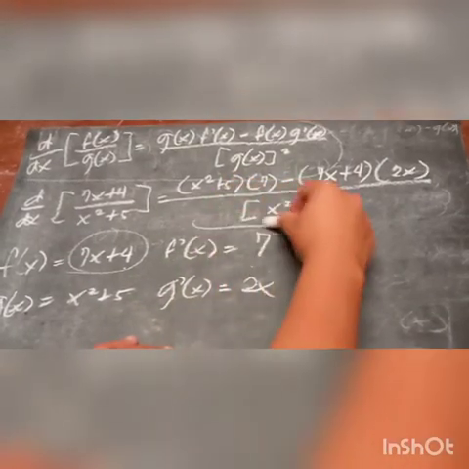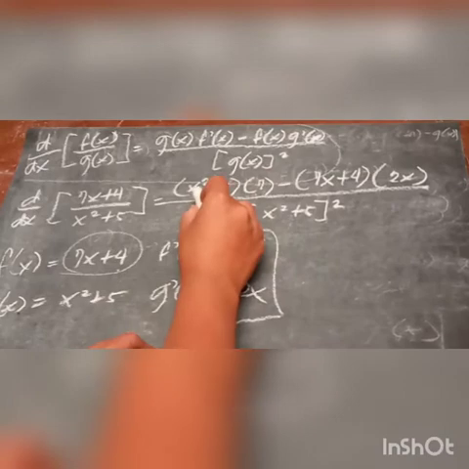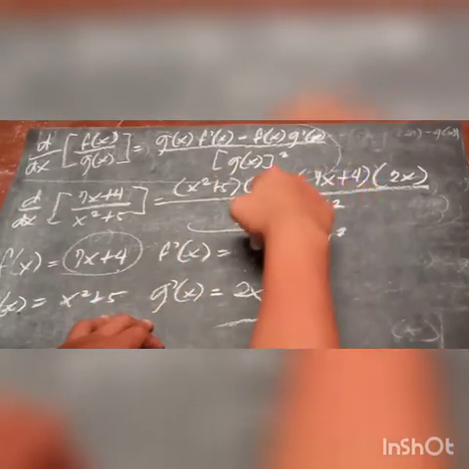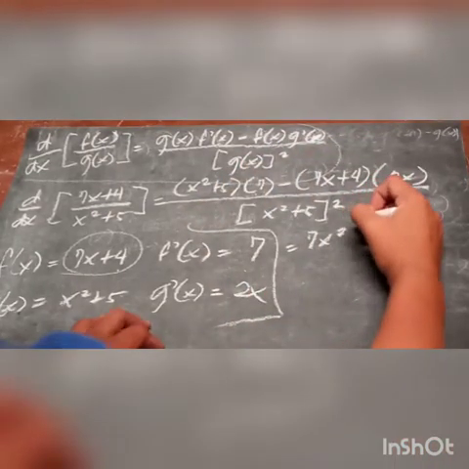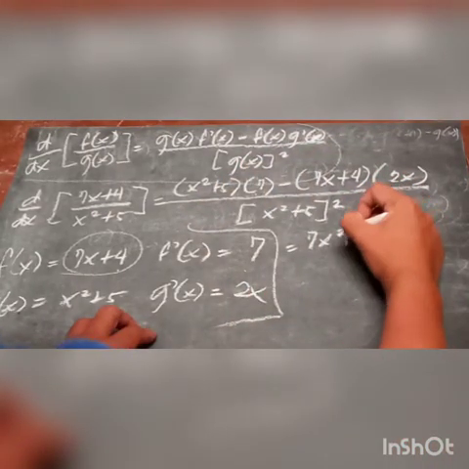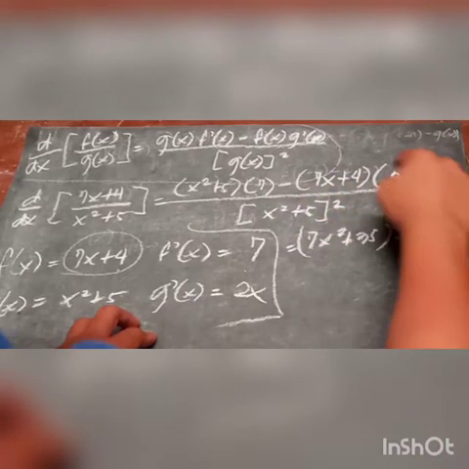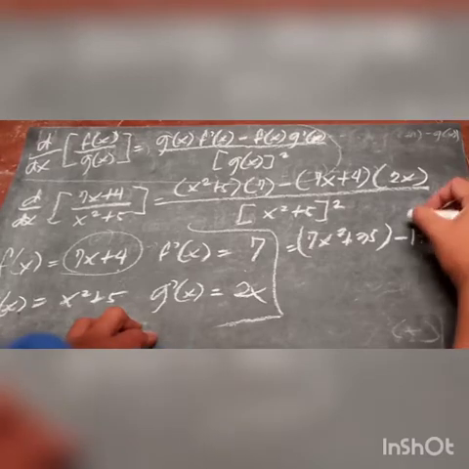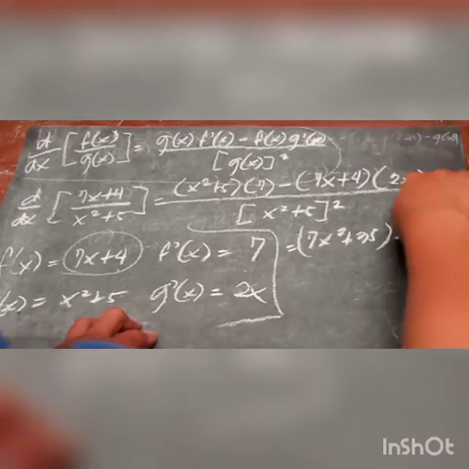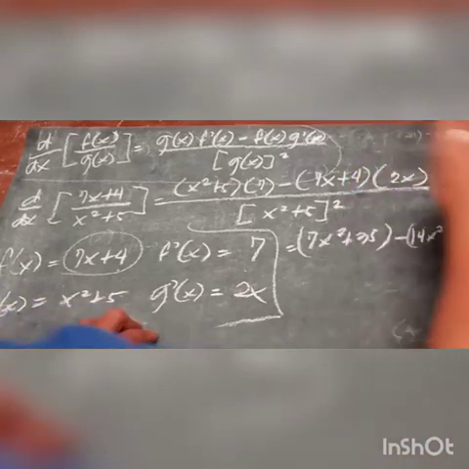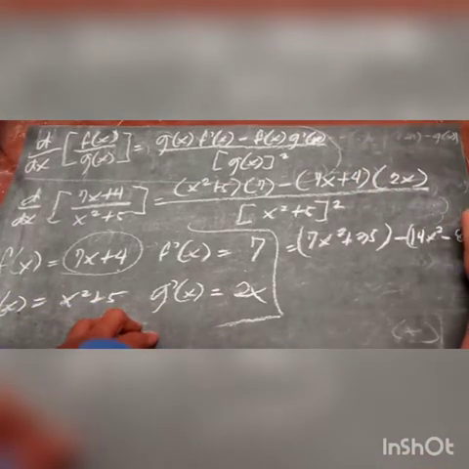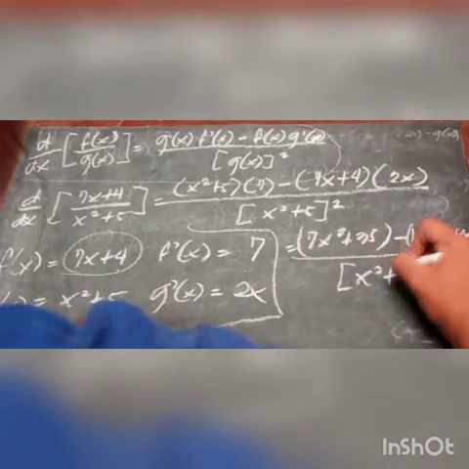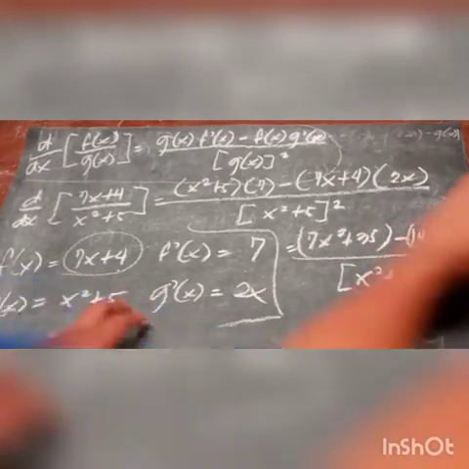So now we have 7 times x squared, we have 7x squared plus 7 times 5 is 35, minus 2x times 7x, we have 14x squared, and then 2x times negative 4, we have negative 8x, all over x squared plus 5 raised to the power of 2.